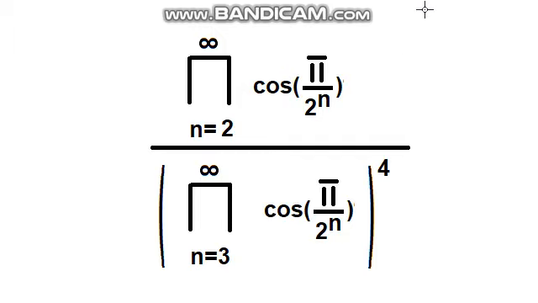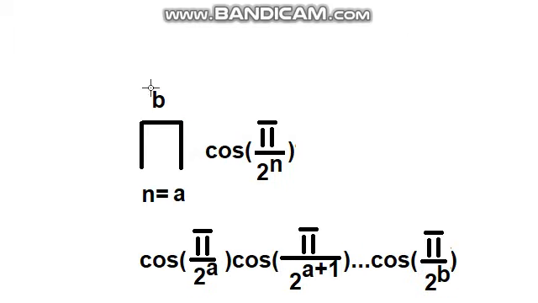Okay, let's try to figure out what this is. The product from A to B of this thing is something like that: 2 over A, 2 over A plus 1, and so on, up to 2 over B, to the power of B, sorry. What can we do? We can multiply it and divide by sine of pi over 2b, and then we'll get 1 over 2 multiplied by sine of pi over 2 to the b minus 1 power, and sine goes with this sign, and so on, so on, up to this term.